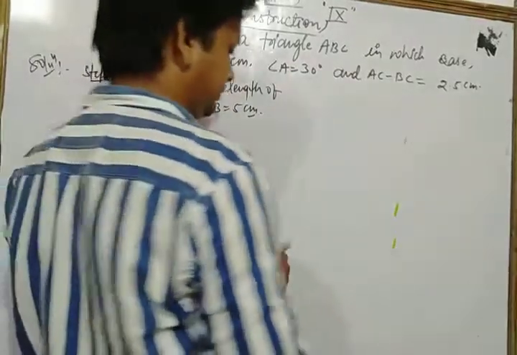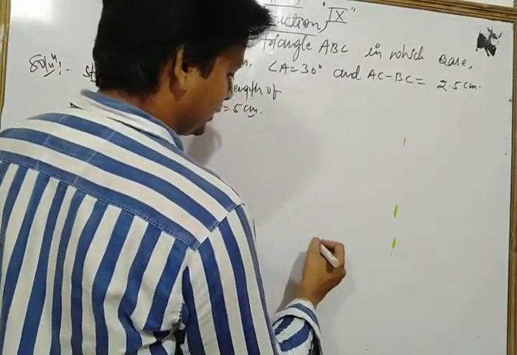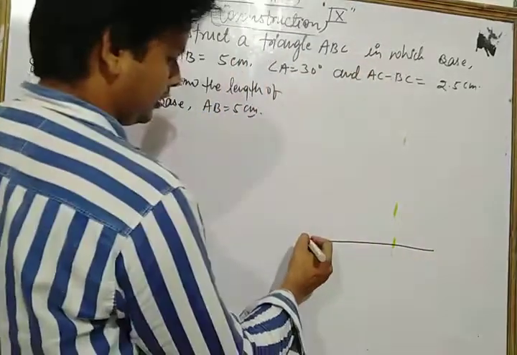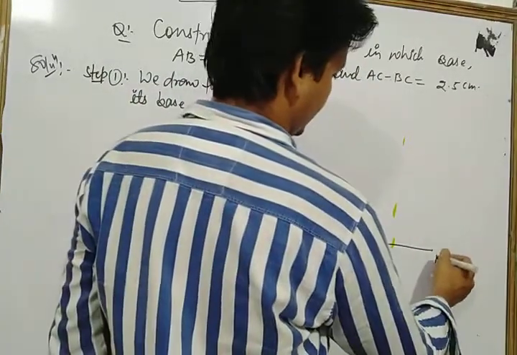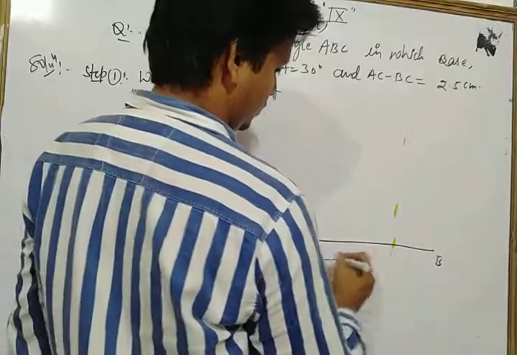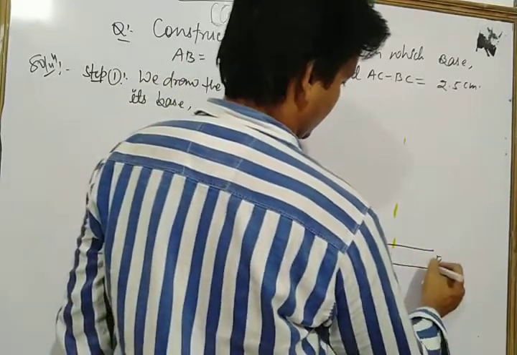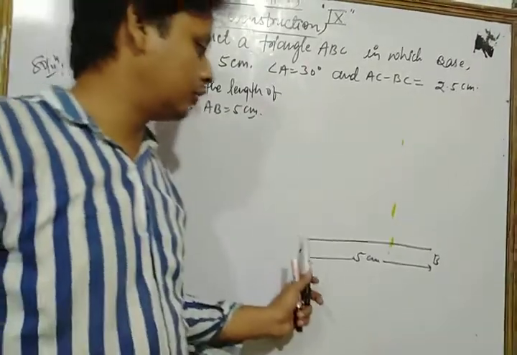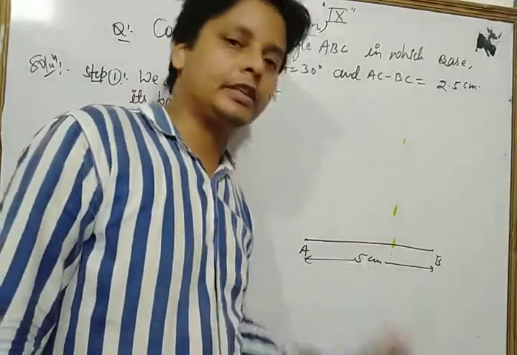Suppose that here we draw the length AB equal to 5 centimeter.